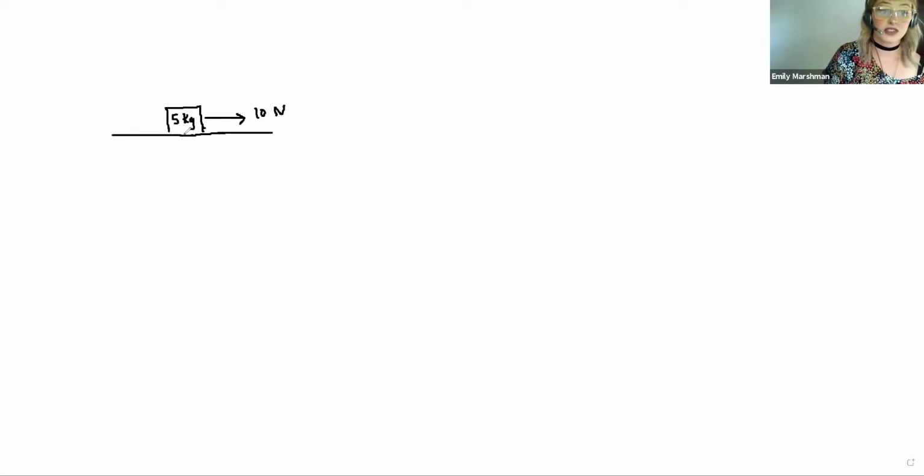But there's a force of friction between the block and the floor of 2 newtons. So that force of friction has to oppose the motion. So if I'm pulling it this way, the force of friction has got to point that way, to the left. And let's suppose it's 2 newtons to the left. What's the acceleration of the block?